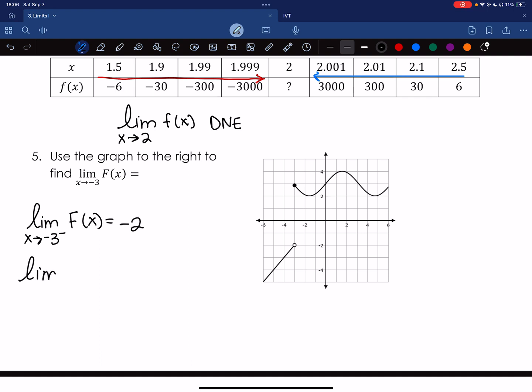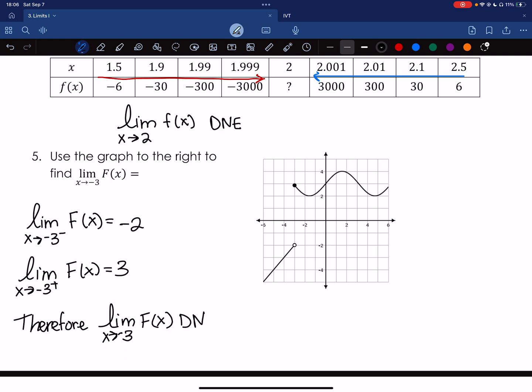The limit as x approaches negative 3 from the right side of f of x looks like it's approaching 3. So that means that, therefore, the limit as x approaches negative 3 of f of x does not exist.